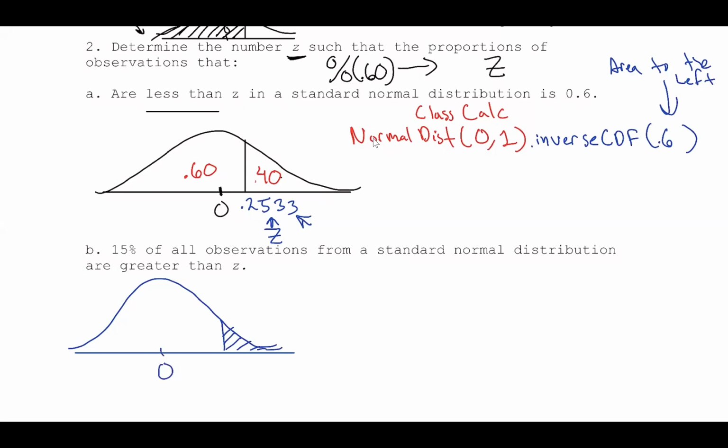If you look at it, you want it to be 15%, so this portion right here is going to be 0.15. Everybody good on why I shaded the right-hand side and why I put 0.15 there?